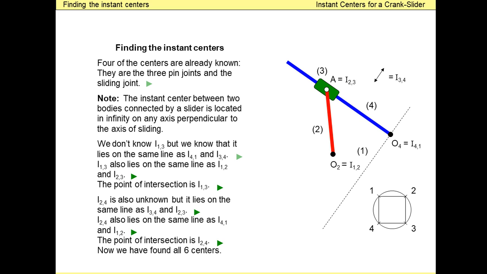Now I have to determine I13. To determine I13, we have to draw a line joining I12 and I23, and a line joining I14 and I43.